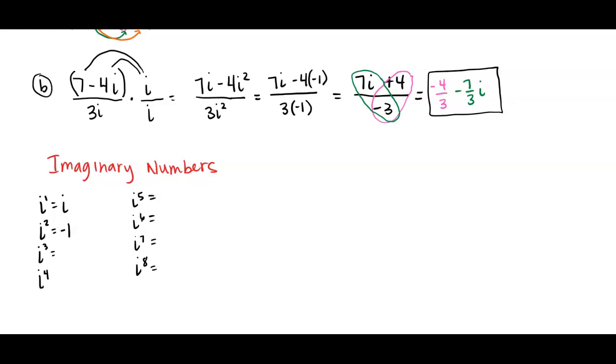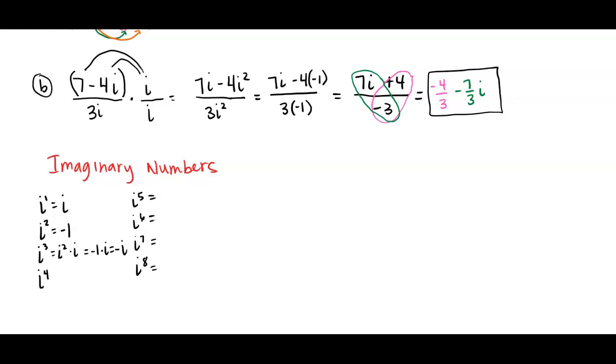Well, i to the third, you could break that down to be i squared times i. Just breaking it apart in that way and trying to make as many i squareds as I can, because I know i squared simplifies to be -1. So that will make this simplify easier. So that's really saying -1 times i, which is going to give me a -i.